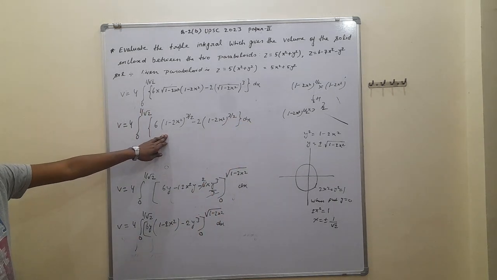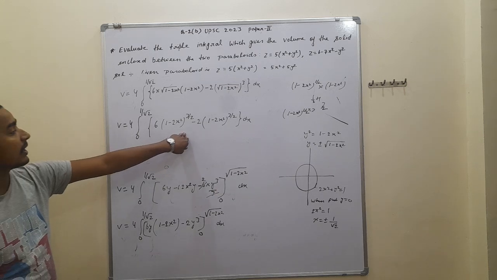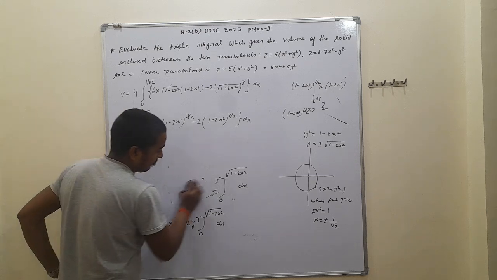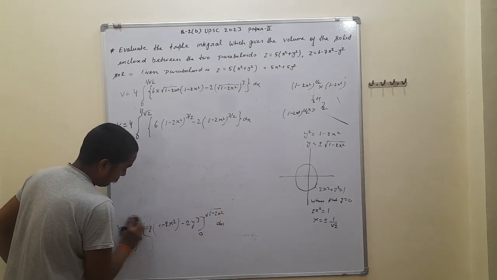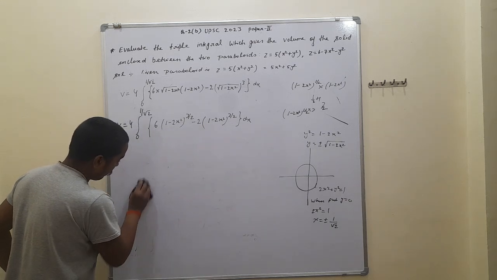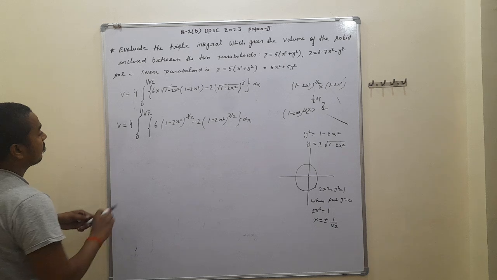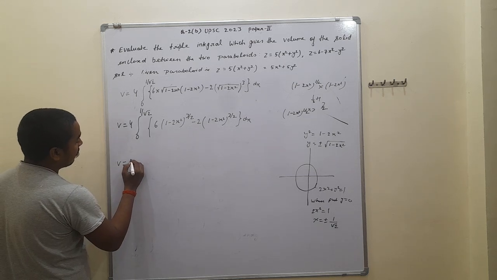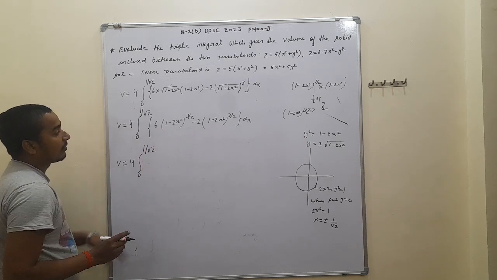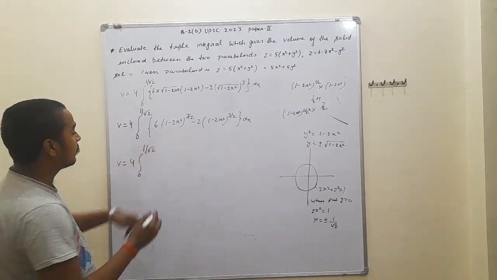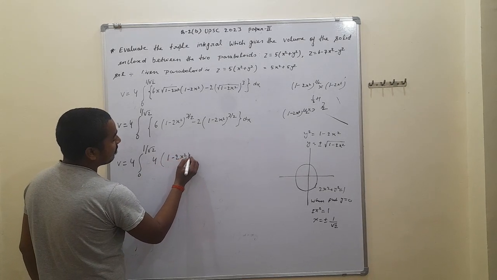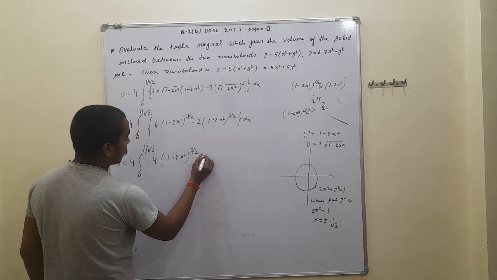Further we have to take common, once again the powers are same, we have to subtract. From here, that is v is equal to 4 of integration of 0 to 1 upon root 2, and from here 6 minus 2 is 4, that is 4, and 1 minus 2x square to the power 3 by 2 dx.